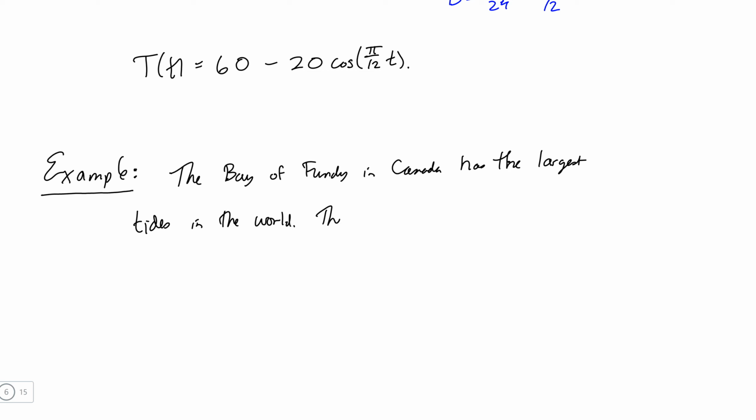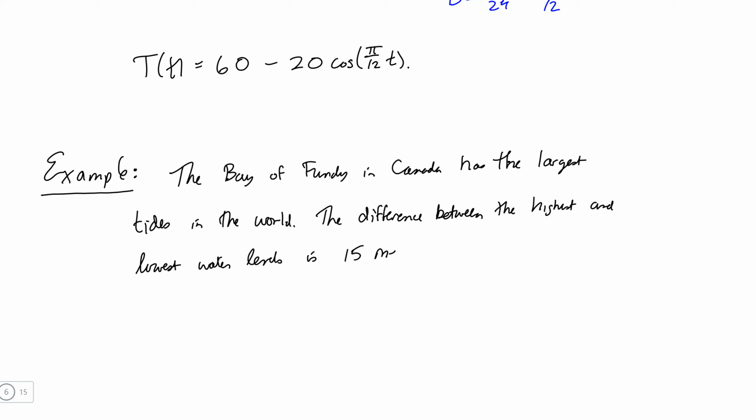Okay, so the difference between the highest and lowest tides, so this is 15 meters, which is pretty huge.